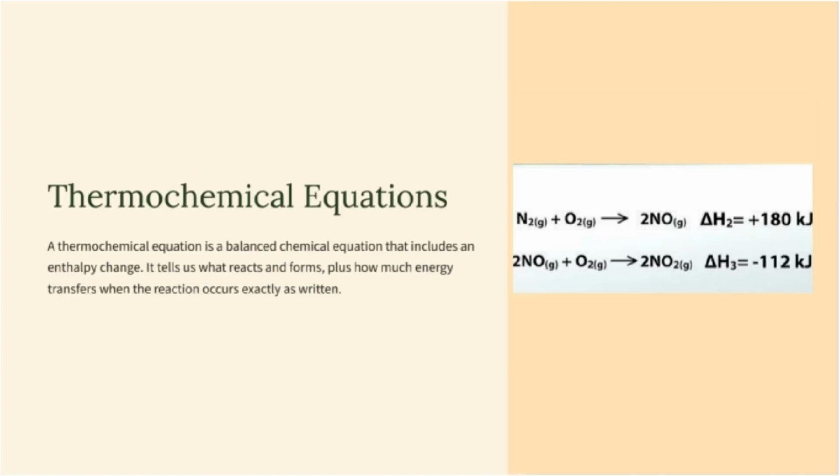A thermochemical equation is a comprehensive representation that incorporates both the balanced chemical equation and the precise enthalpy change, signified as delta H. This equation chronicles the shift in energy during a chemical reaction, providing critical data regarding energy consumption or production.